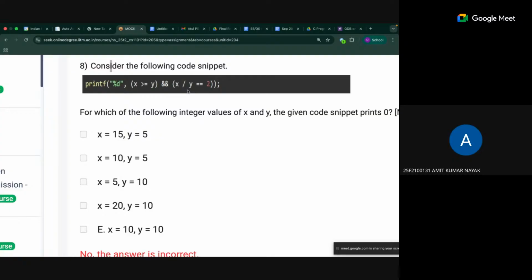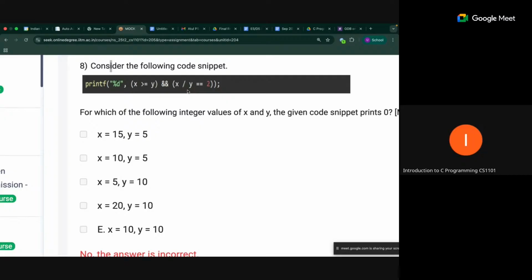Yes, division gives the quotient part. So here I want the division to be of quotient, which means what will be the x and y possibilities that will give the answer as 0. The first option, last option, and x is equal to 5 and y is equal to 10 option. Okay, third option.